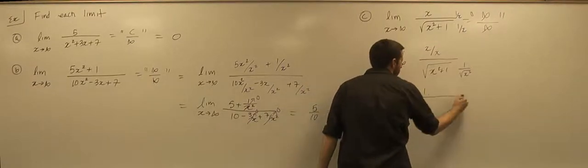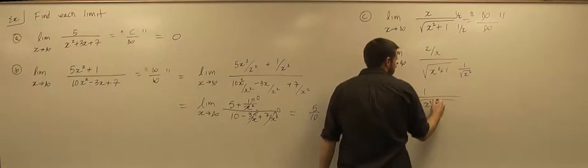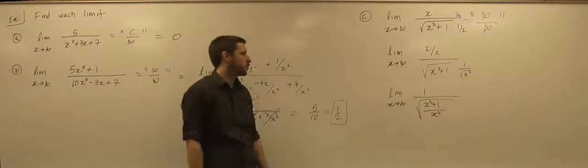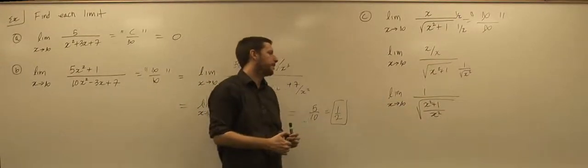So this will be 1 on top, because those cancel. On the bottom, it'll be root x squared plus 1 over x squared. In order for the x to move into the root, it has to become x squared.